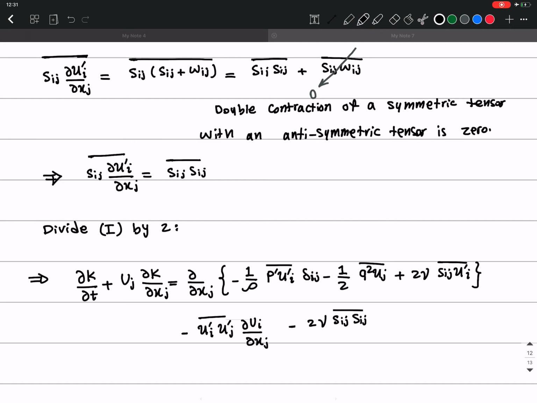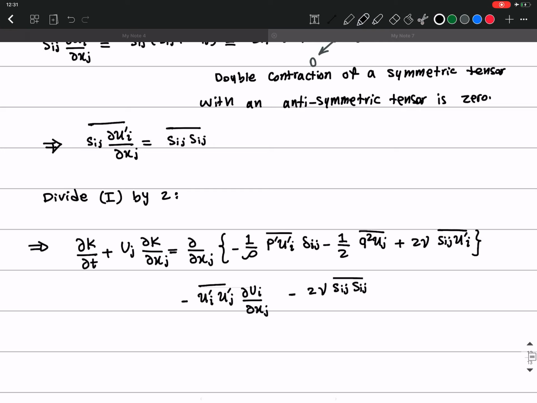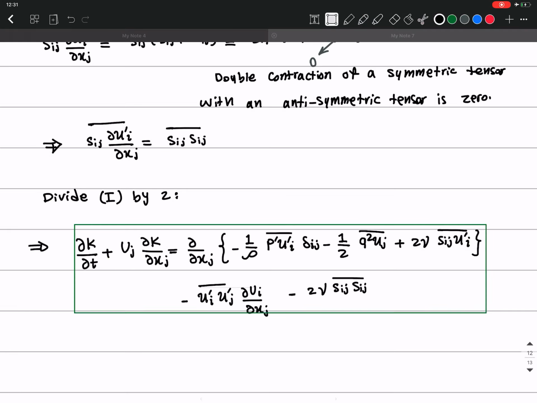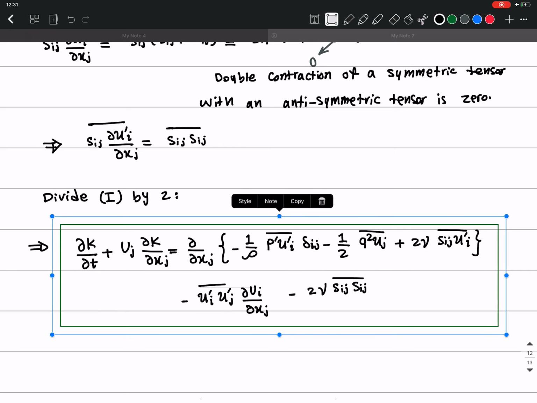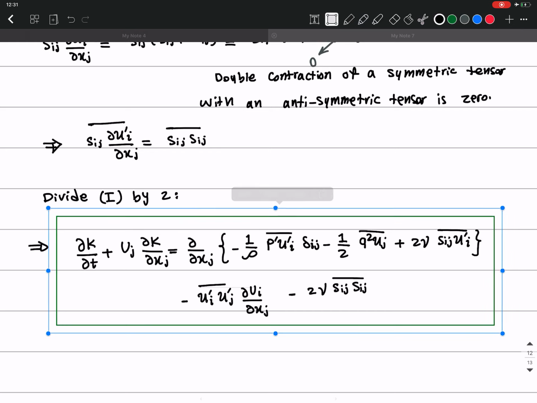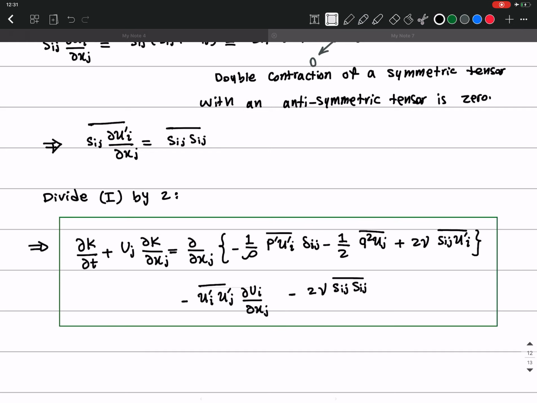Okay, so this is a very important equation in turbulence. Very important equation, that is the transport of turbulent kinetic energy, or known as turbulent kinetic energy budget.